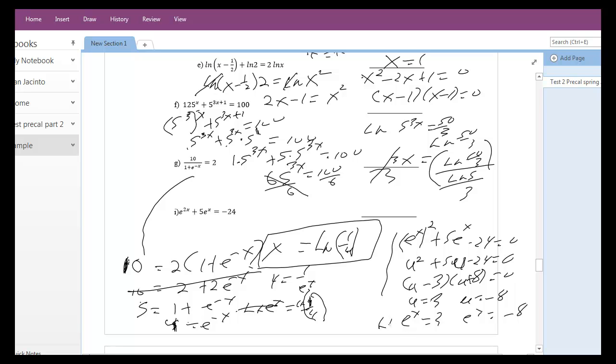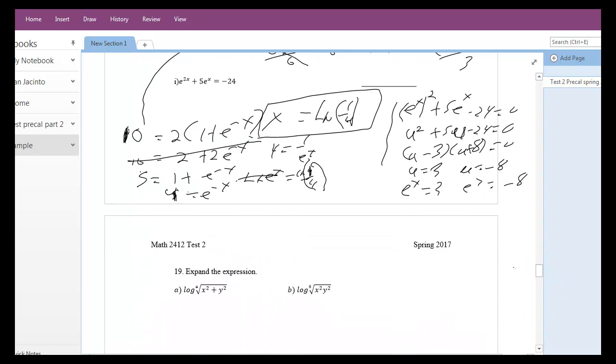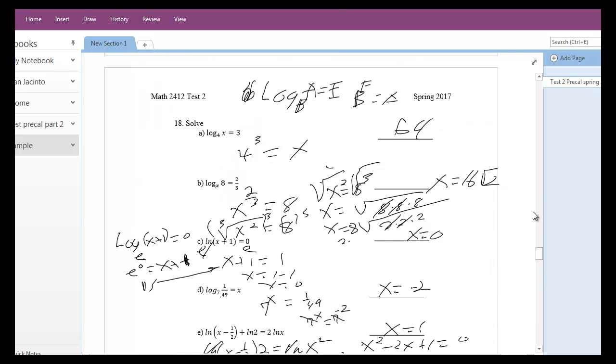When you take an ln of both sides, let's not do that here, it's messy. Let's come down here and put the ln right here, ln of e to the x to kill the e. ln e to the x equals ln of negative 8.